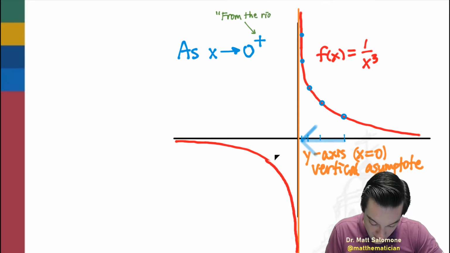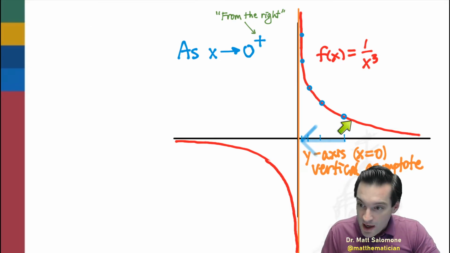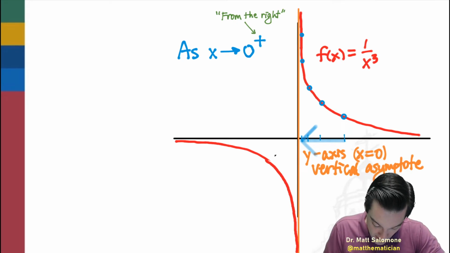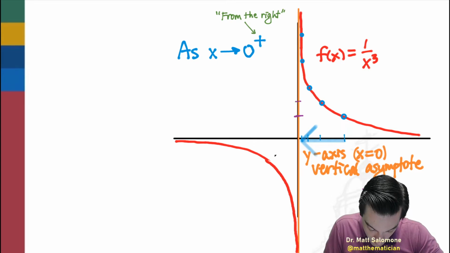So from the right side, as x approaches 0 through values which are greater than 0, what can we say about the y values? Now is when we turn our attention to the y values of these points. What's happening to them? Well, the first point right here has a y value that's approximately that much, and then my next point has a y value that's this much, and then this much, and this much, and this much.